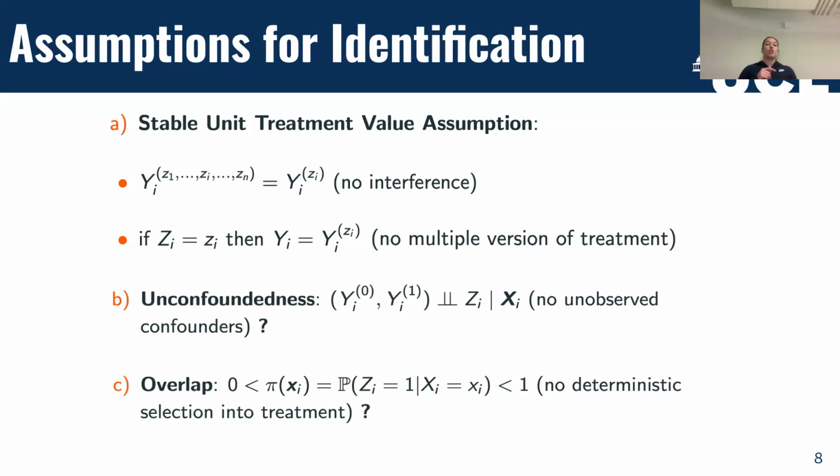That says that there's basically no deterministic selection into treatment. We call this the propensity score, which is essentially the probability of getting treated given your characteristics. We say that this probability of getting treated is strictly between 0 and 1. It can't be 0, it can't be 1.